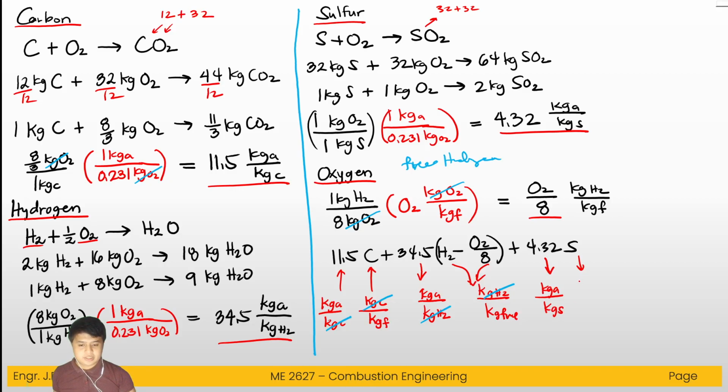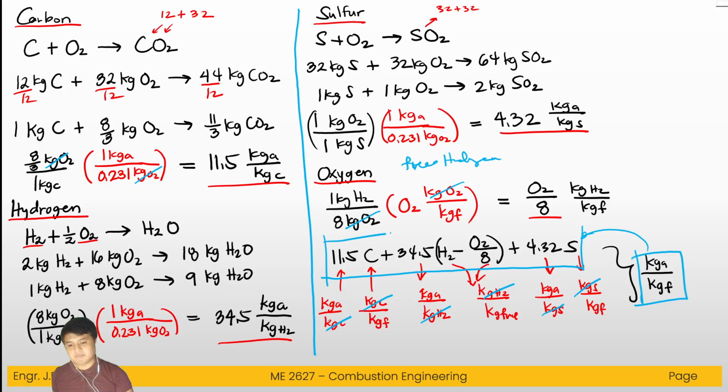And then kilogram sulfur over kilogram ng fuel. So, this will also cancel out. Kaya mangyayari, magiging unit mo is in kilogram. In other words, this will be in kilogram air over kilogram fuel, which is also the theoretical amount. No? Makikita natin ito sa equation na to. Okay, so that's all. Thank you guys for listening.